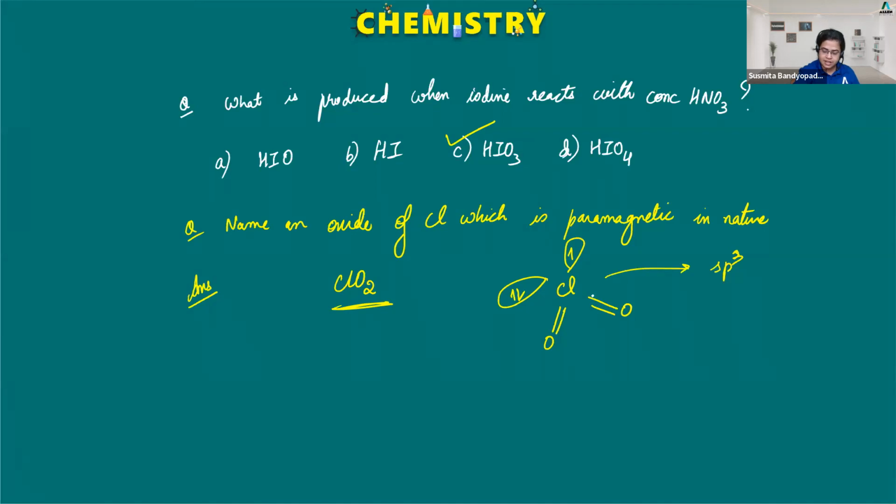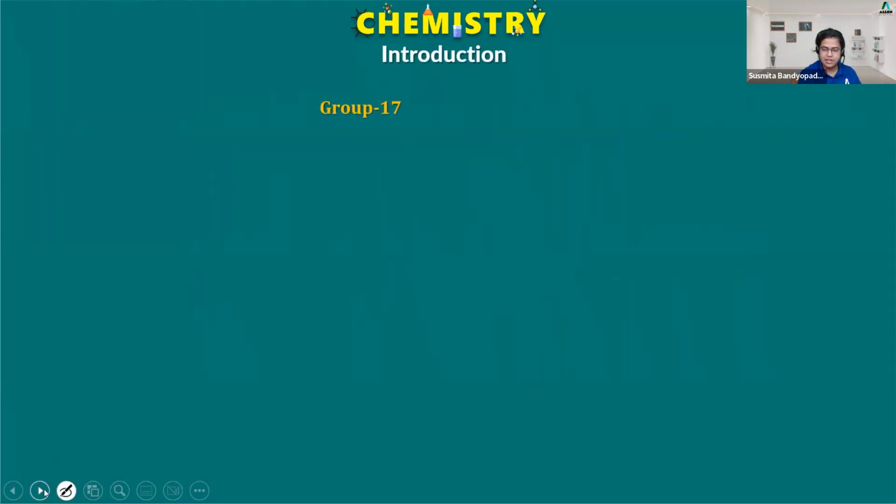Chlorine has 7 valence electrons: 1, 2, 3, 4, 5, 6, 7. This one is alone in this hybrid orbital, an unpaired electron. Got it, Nandana? Yes. Few more slides I've left.